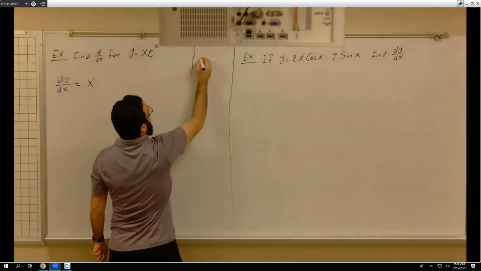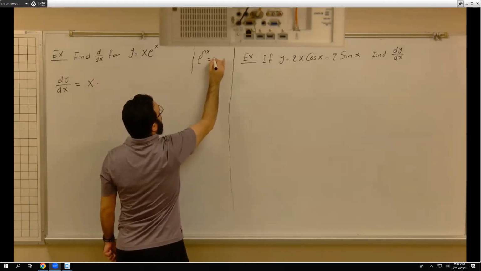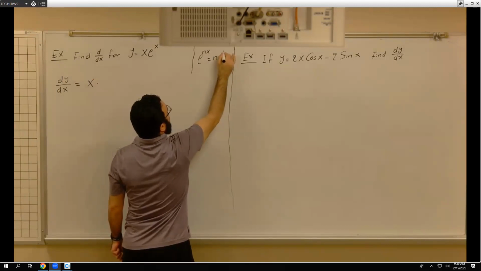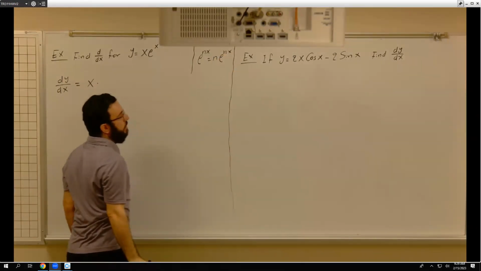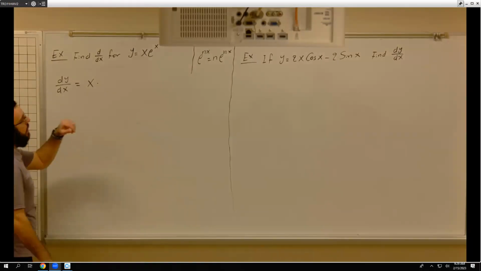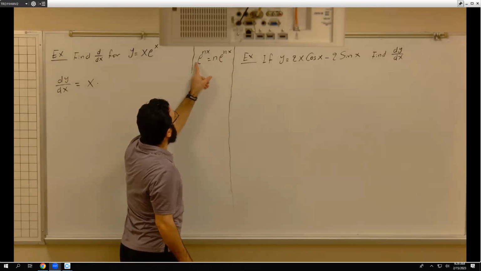If you remember that, the derivative of e to the nx is going to be n e to the nx. Do you remember that? That means you're just going to write down the exponent here with the x in front, the function.